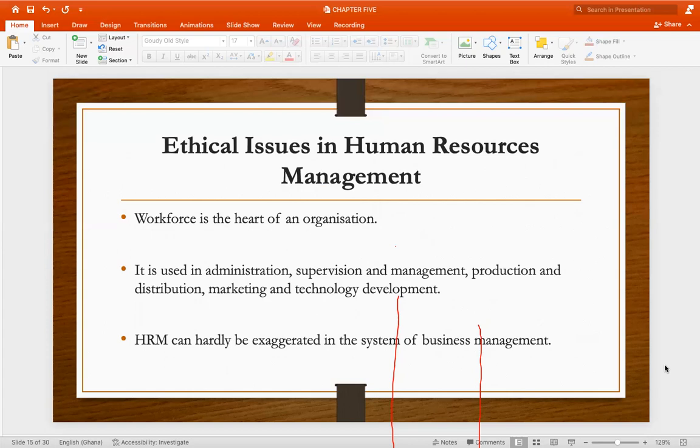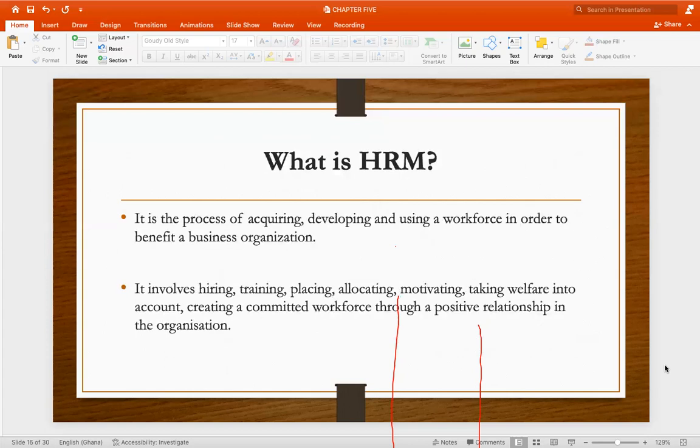What is human resource management? Which I think we delved into lightly in our first semester. That is the process of acquiring, developing, and using a workforce in order to benefit a business, or for profit maximization, utilizing them very well.